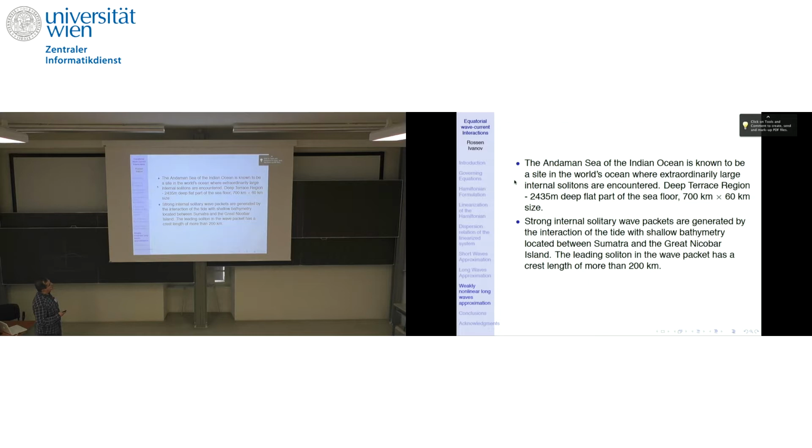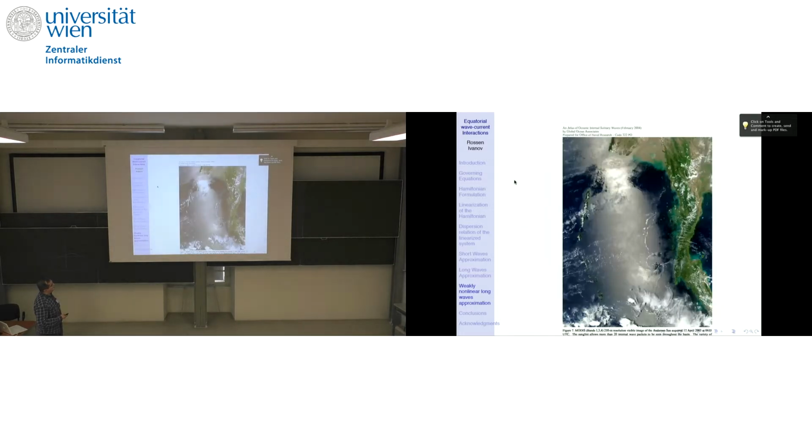And there are some pictures that are, I think, from NASA. I don't know if they are visible, but from satellite there are traces of internal waves that are noticeable. They say 20 internal wave packets can be seen.